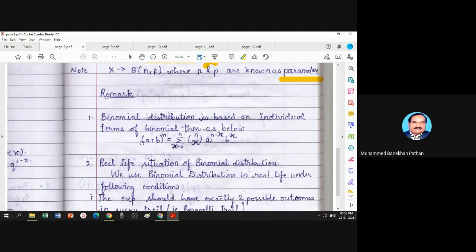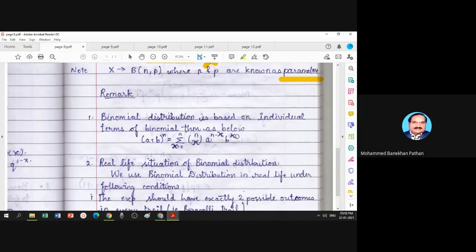So we can write an expansion of this bracket, summation x starting from 0 to n, n choose x, it is a combination, a raised to n minus x, b raised to x. You can make a reverse also. You can say a raised to x, b raised to n minus x.